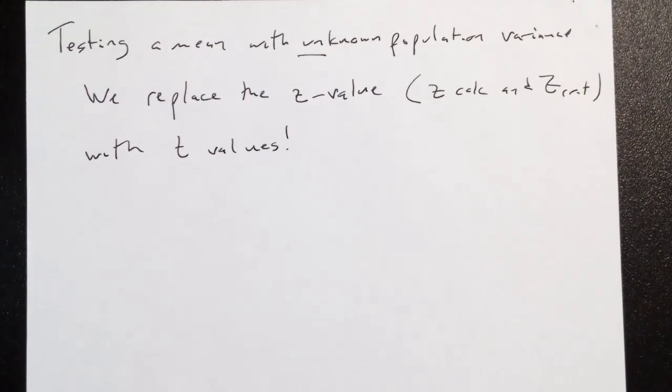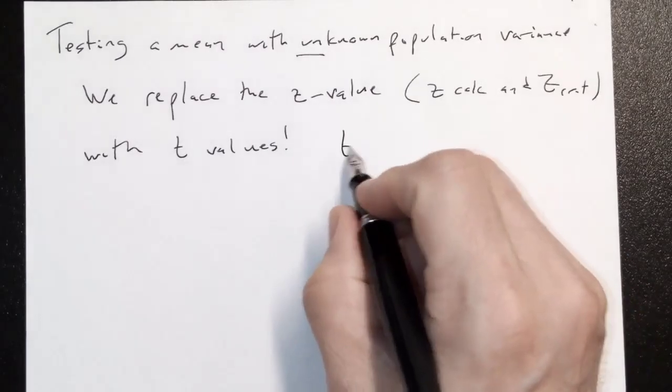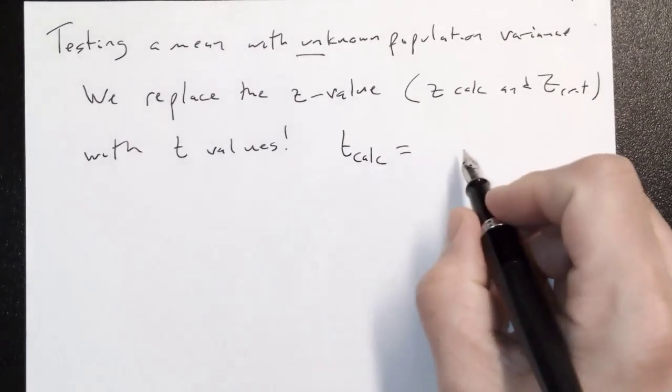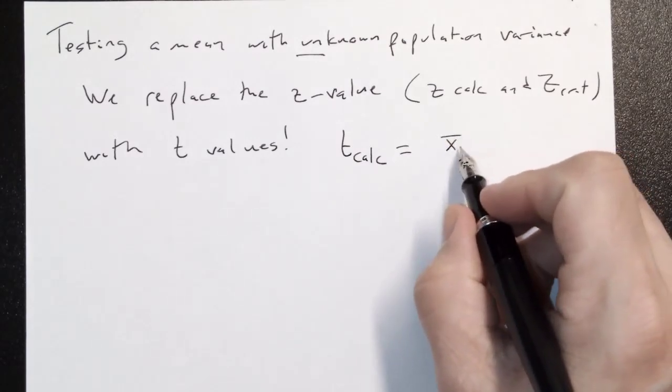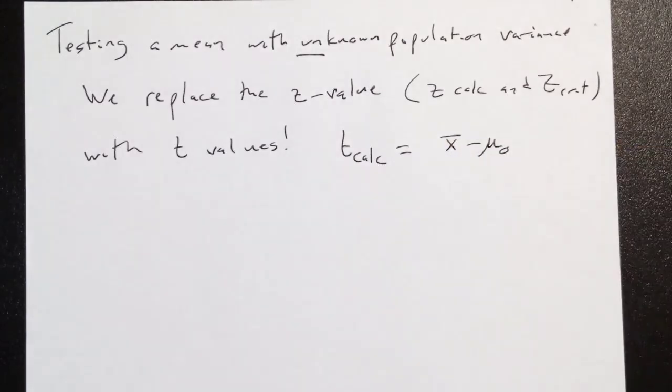So the only difference is that I'm going to use the other distribution table. Instead of using the normal distribution, I'll use the T distribution. I'll compute the same idea. I'll have a T calculated, and I'll still take the average I observe minus the expected value.